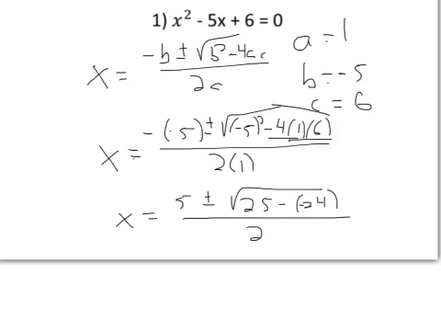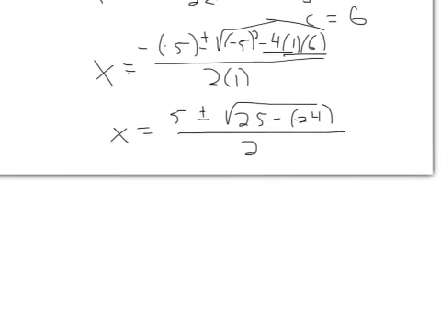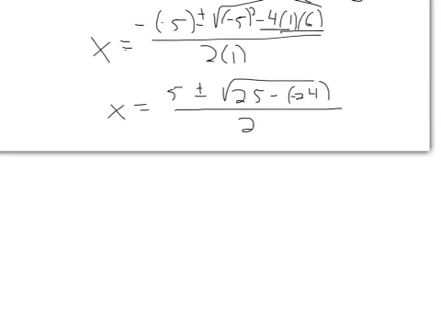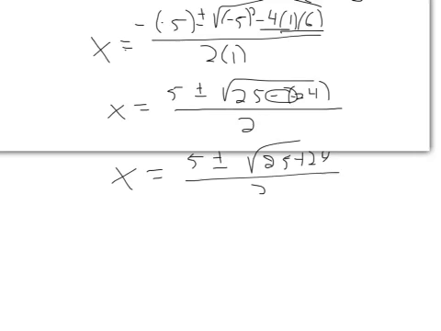Keep cleaning it up. On the inside, two negatives make a positive, so it becomes 25 plus 24 over 2, which gives me 5 plus or minus the square root of 49 divided by 2.